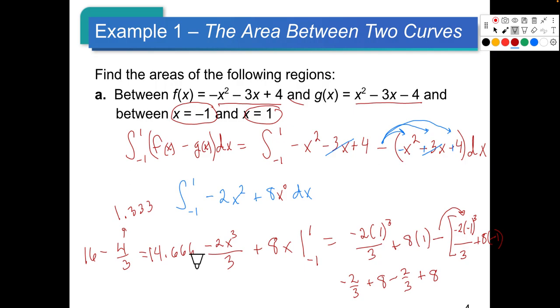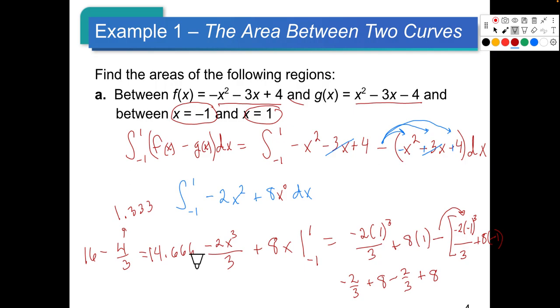I go second calc, number 7. And then I have to arrow down, so I'm on the red curve, the y2. If you don't have a color calculator, you'll just have to do it in black and white, but it can be done. The nice thing is it's also going to shade it in red.